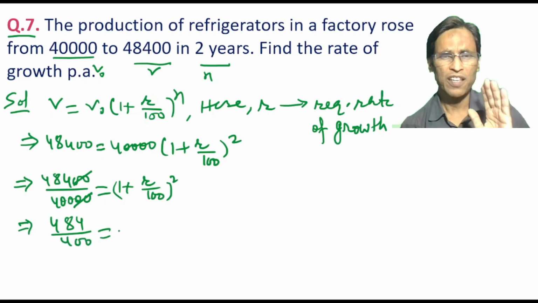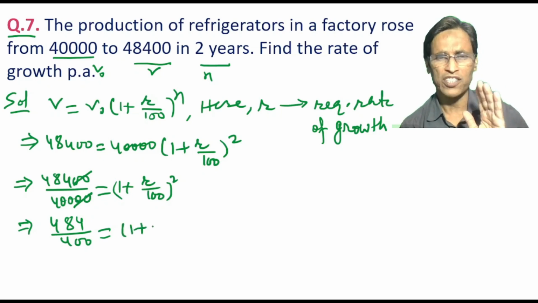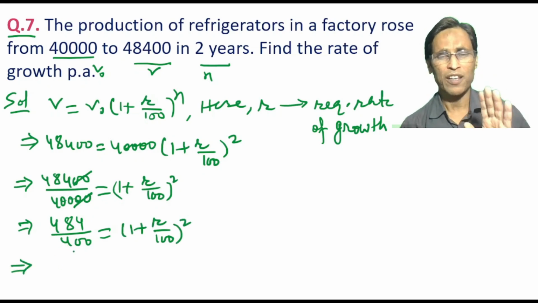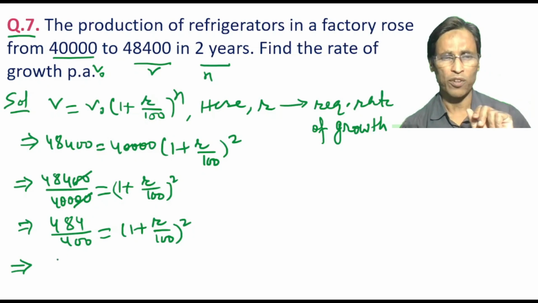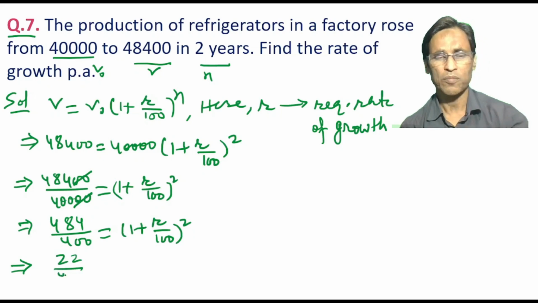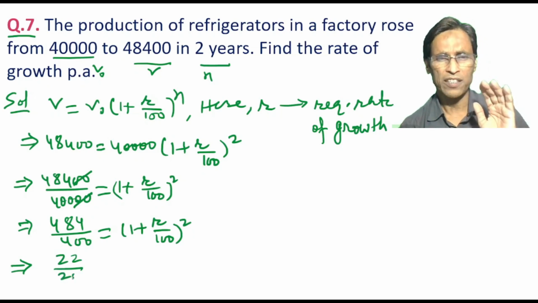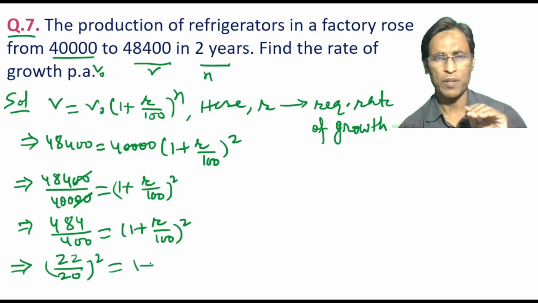In RHS, it will be the same, that is (1 plus R by 100) to the power 2. By observation, we can say 400 is the square of 20 and 484 is the square of 22. Therefore, LHS can be expressed as (22 by 20) to the square and RHS will be equal to (1 plus R by 100) to the square.